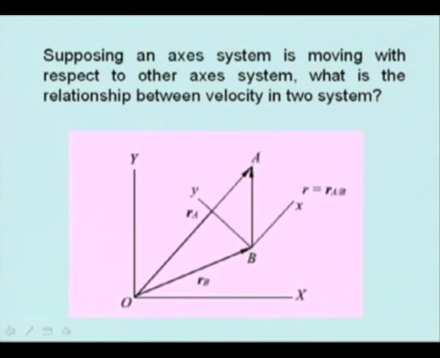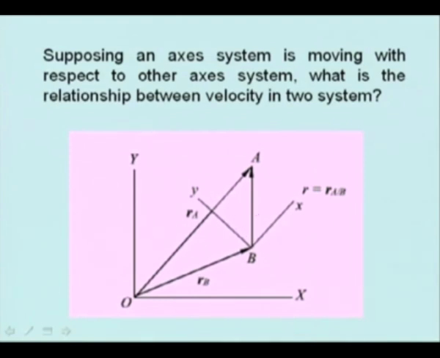If we fix a coordinate system, B may be one particle and A the other particle, and both may have different velocities. If we fix another coordinate system attached to particle B, indicated by small x and y, in the most general form it can have this motion.